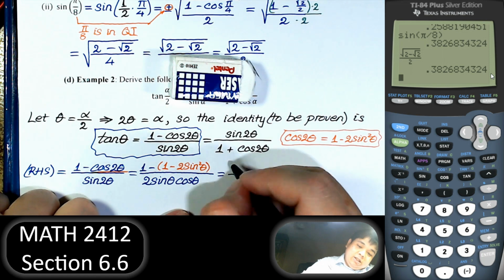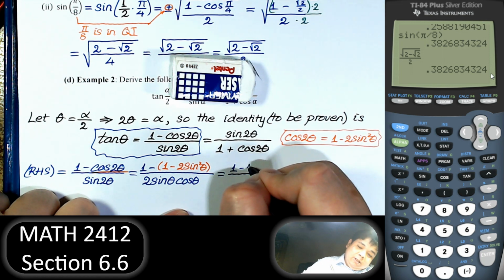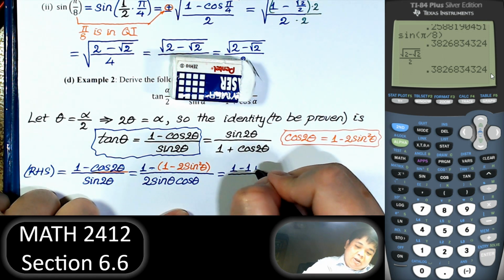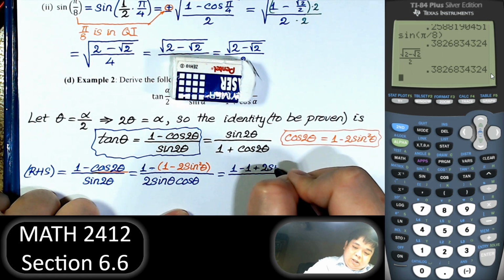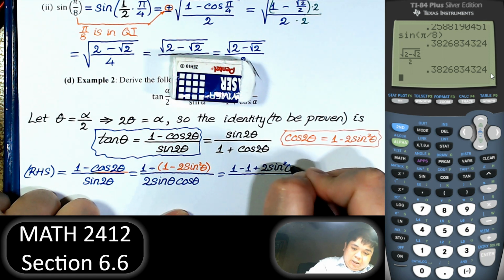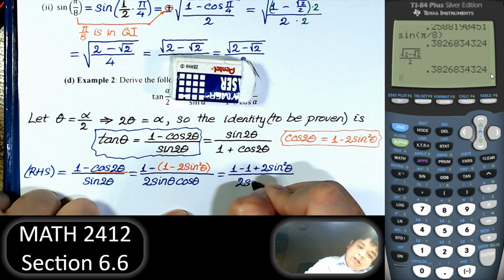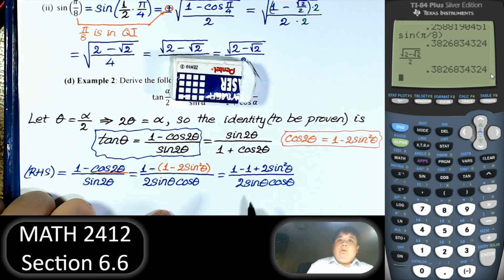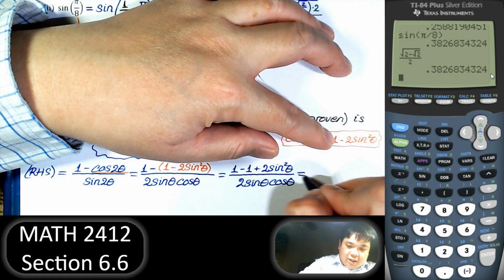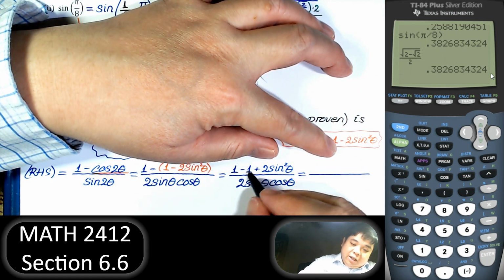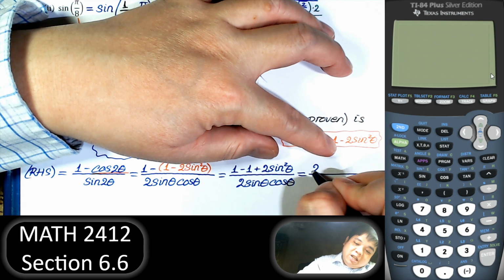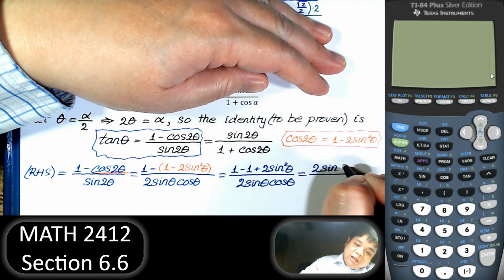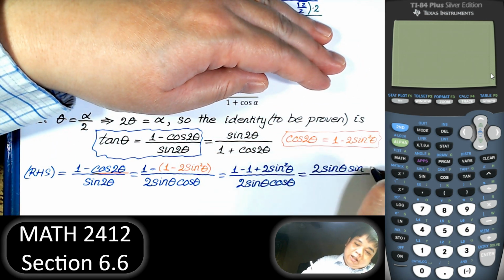1 minus 1, minus negative, that's a plus 2 sine square, over 2 sine theta cosine theta. Right, the 1s cancel out. We have 2 sine square, but instead of writing sine square, I can write sine times sine.